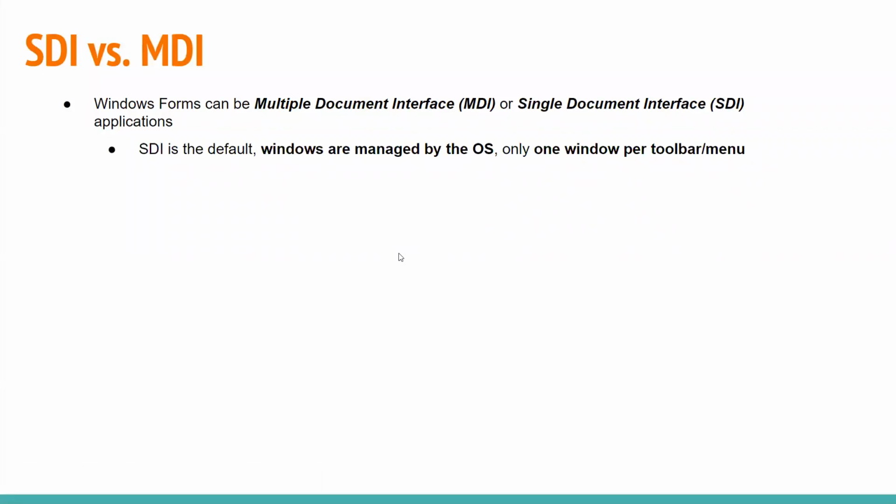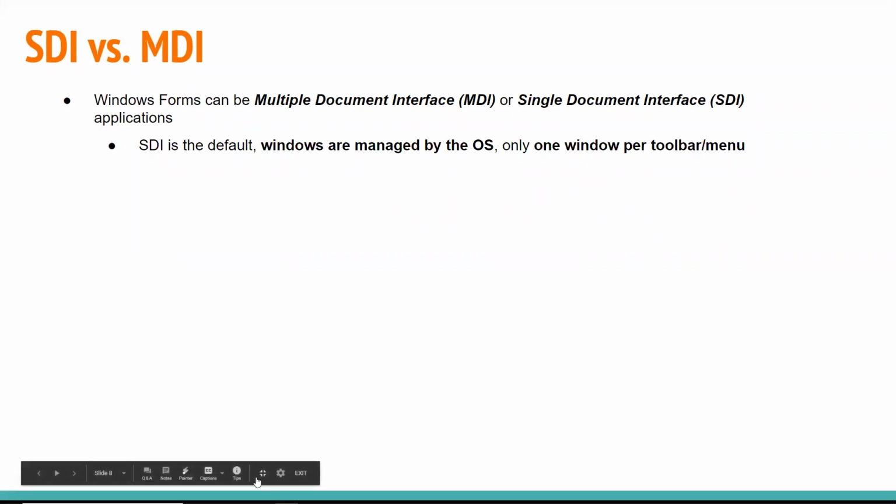Applications by default are what we call SDI. These Windows Forms applications by default are SDI. That means they have a single document interface. And all that means is that the windows are managed by the operating system. The other way to think about it, these two things basically mean the same thing, is that there's only one window per toolbar or menu item.